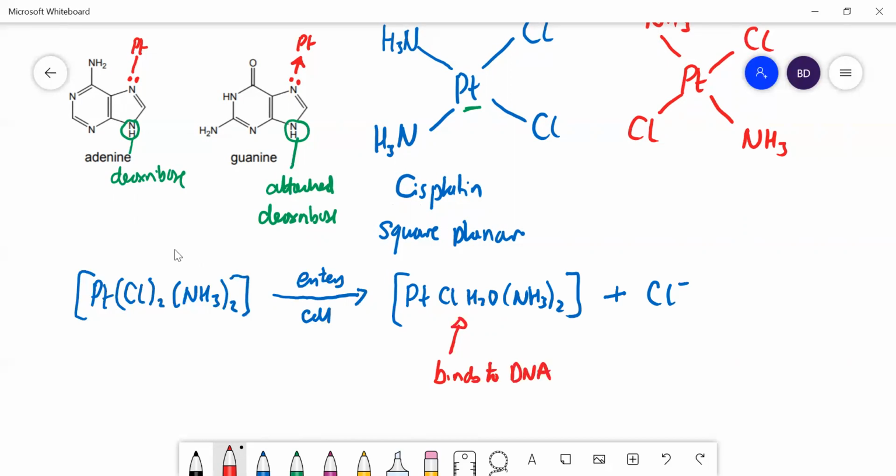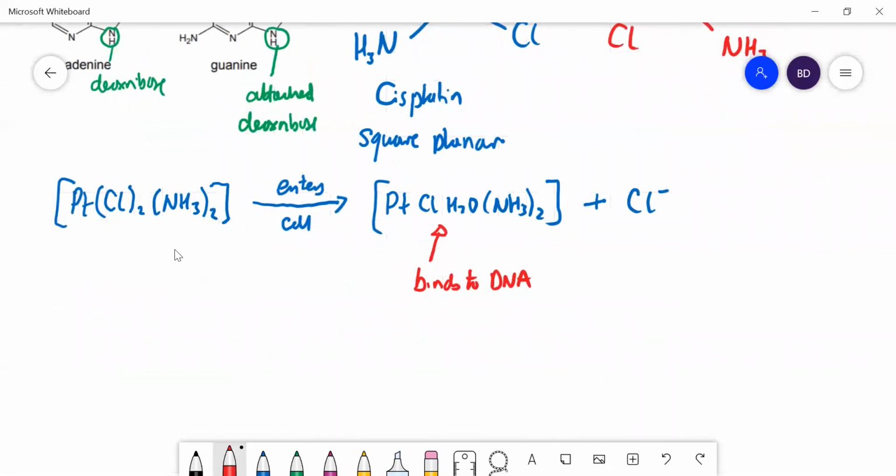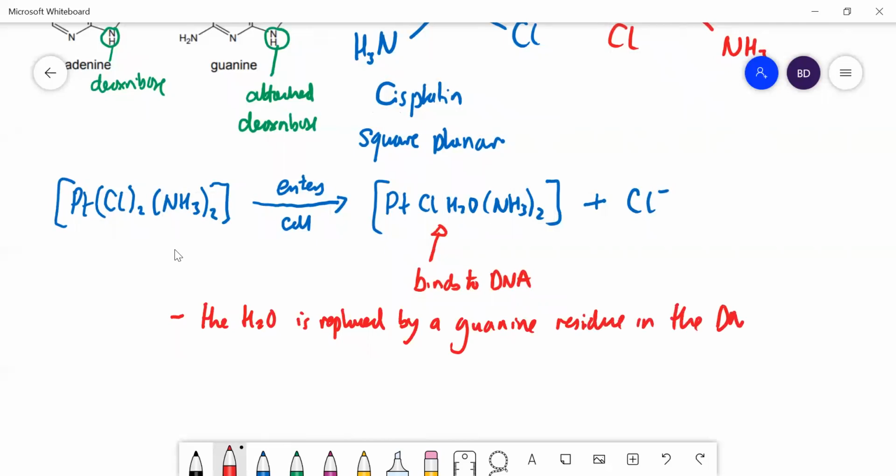It will bind to the DNA because the guanine forms a dative covalent bond to it. So when it first binds, the H2O ligand is replaced by a guanine residue in the DNA. The guanine won't be free guanine, obviously; it will be bound to ribose and part of the DNA double helix.